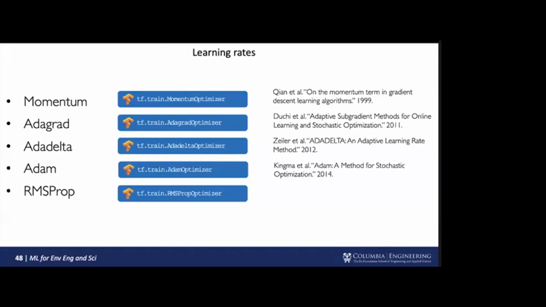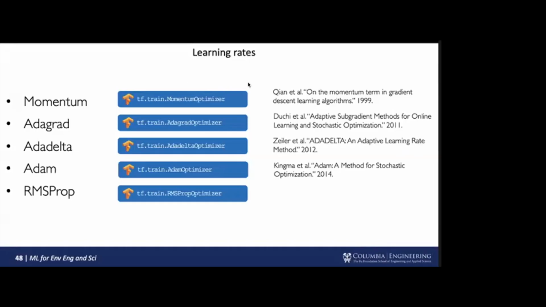And AdaDelta improves on AdaGrad by preventing the learning rate from shrinking too much over time. RMSprop also adapts the learning rate based on recent gradients and works well in practice for deep networks. And of course, Adam combines ideas from momentum and adaptive learning rate. This is often a good default one in practice.